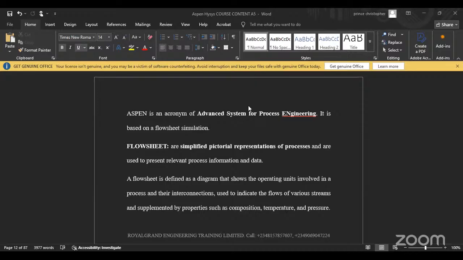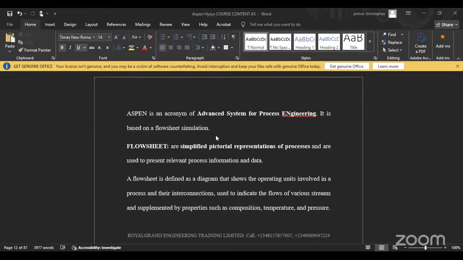A flow sheet can also be defined as a diagram that shows the operating units involved in a process and their interconnections, used to indicate the flow of various streams and supplemented by properties such as composition, temperature, and pressure.